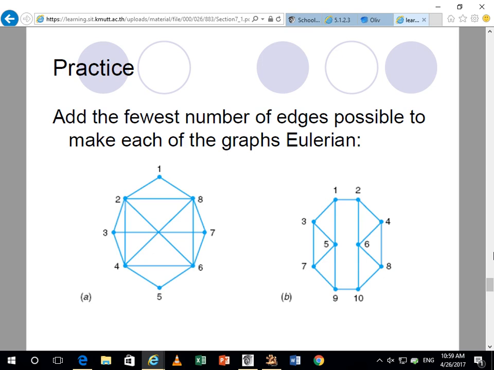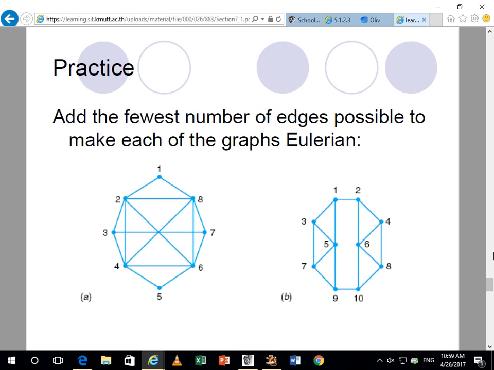Okay, when you're given a question like this, to be correct, it asks for the fewest number of edges possible to make the graph Eulerian. That means add 1 or 2 or whatever fewest number to make it either an Euler trail or an Euler circuit. If you add 1 and it becomes an Euler trail, then the answer is 1.